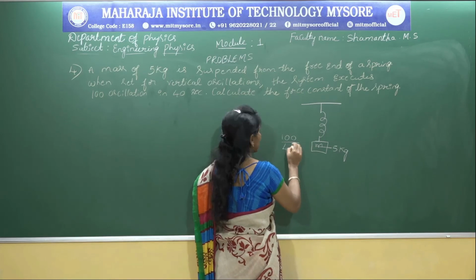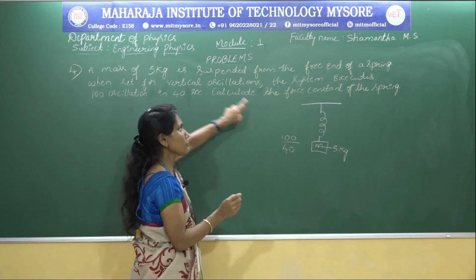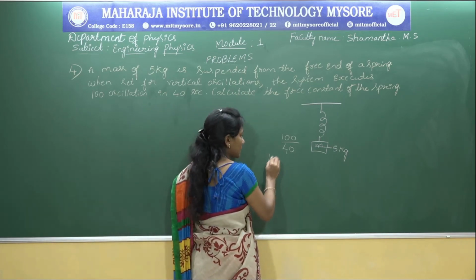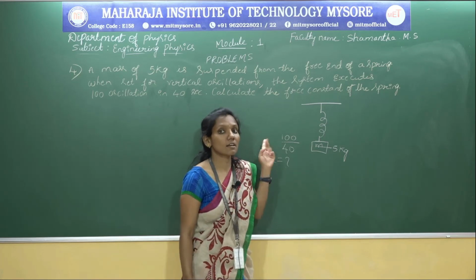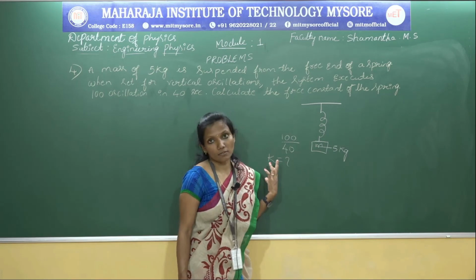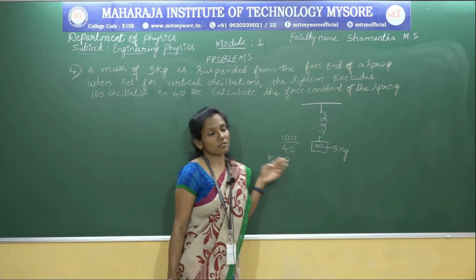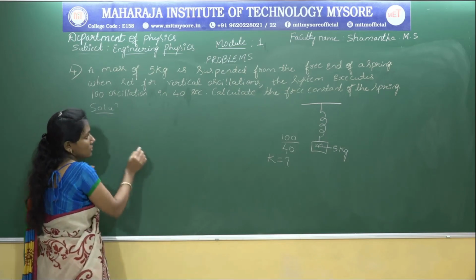Okay, 100 oscillations for 40 seconds. Calculate the force constant of the spring. We have to calculate what is the force constant of the spring at this condition, when the particle is executing 100 oscillations for 40 seconds. So, to calculate the spring constant, what is the formula we have? So, that is first the solution.